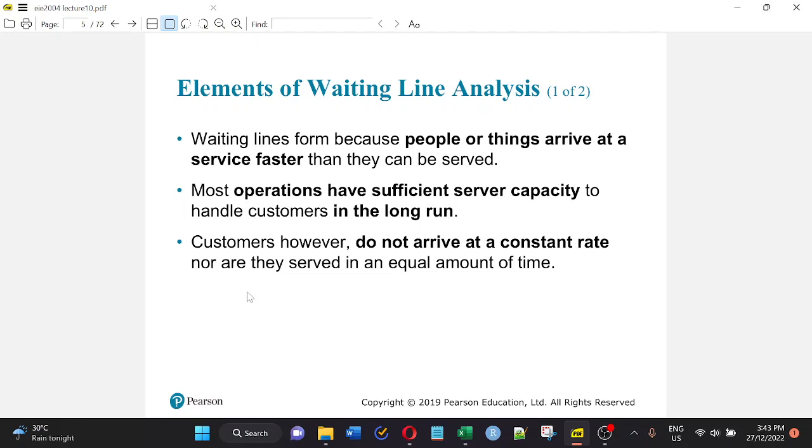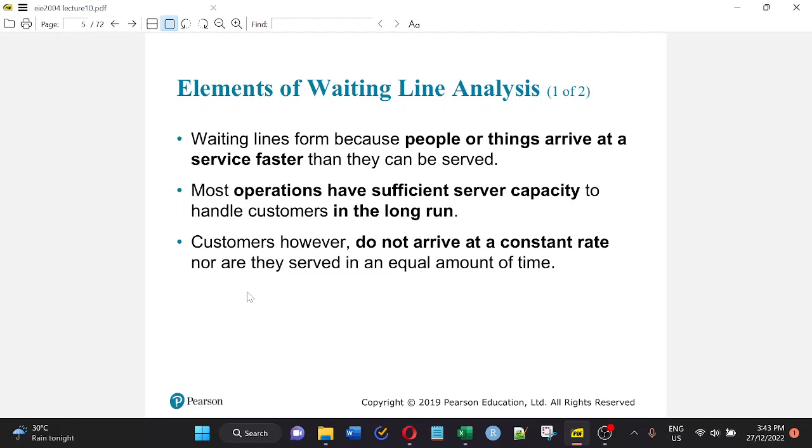As the customer comes in, they get served immediately and then go off, and then another customer comes in, gets served, and goes off. So waiting lines form because people or things arrive at the service faster than they can be served.